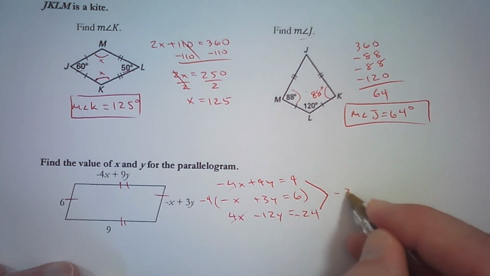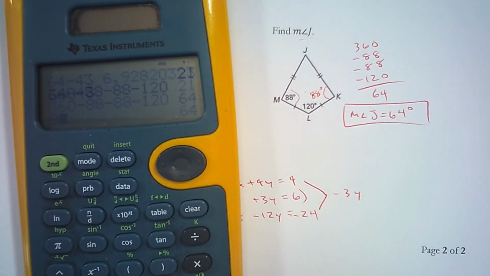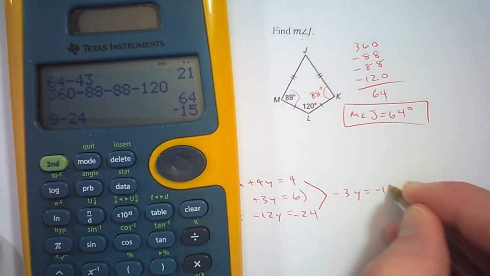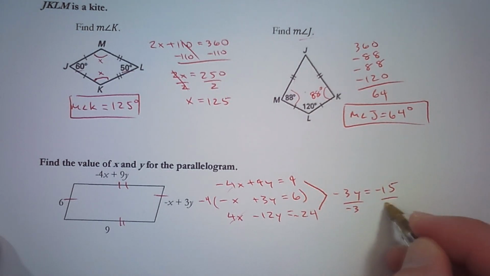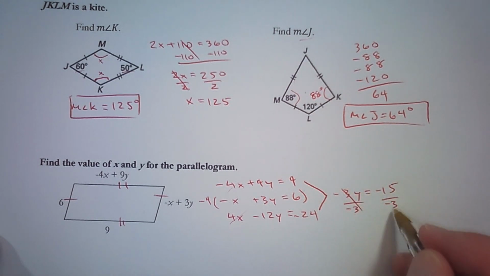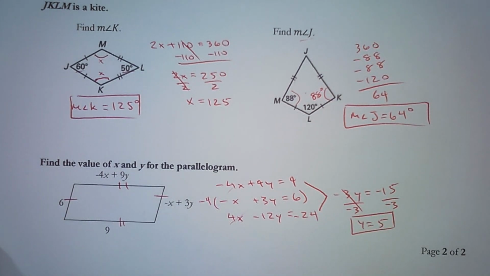9y minus 12y is negative 3y. And then 9 minus 24 is negative 15. And I can divide by negative 3. Negative 15 divided by negative 3 is 5. So y is 5. Now I can substitute that into either of the two original equations. I'll go with this one right here.